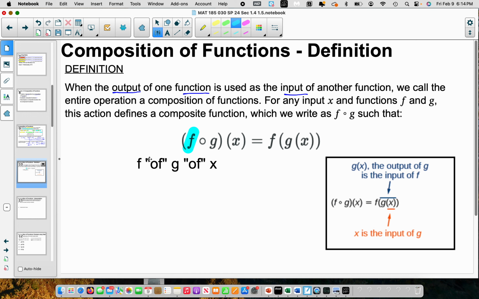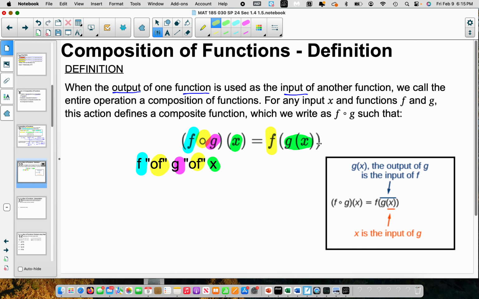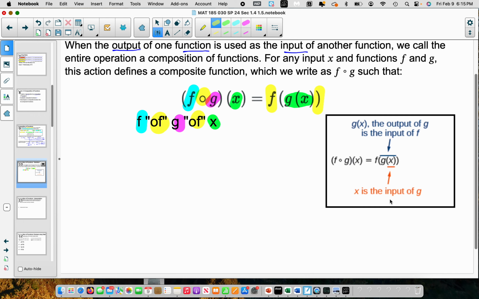This says f of g of x, where the inside function is g, and the outside function is f.